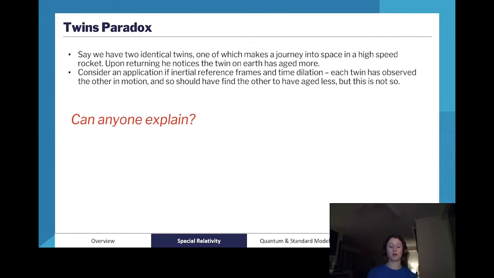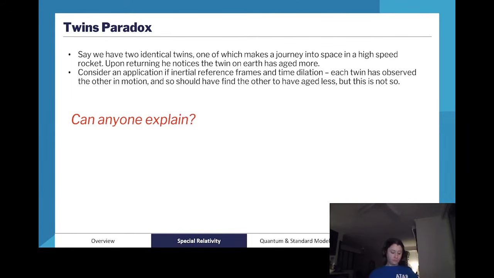Both of them have been in motion. In both of their perspectives, the other moved away from them and then moved back towards them at a fast speed. Remember, moving clocks tick slower. So both should have observed the other one to have aged less. But what we see is that the twin who went on the spaceship aged less, and the twin on Earth aged more.